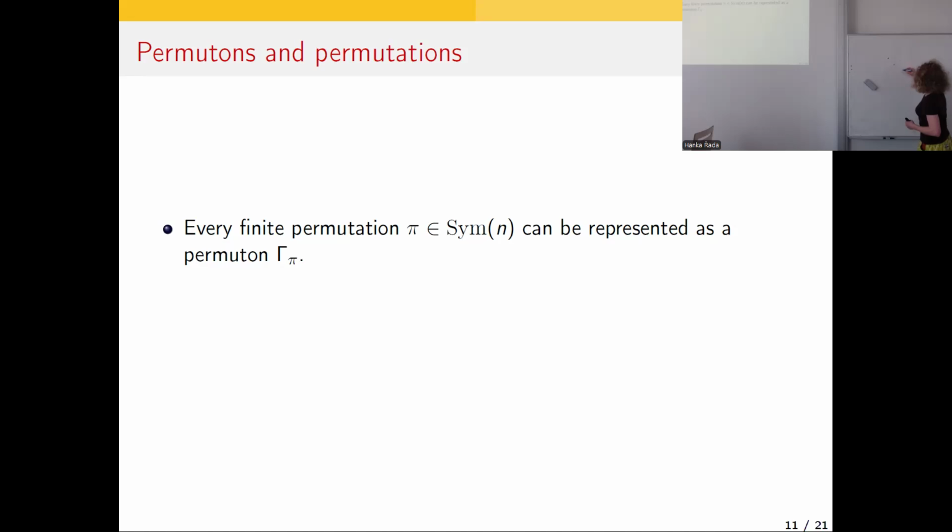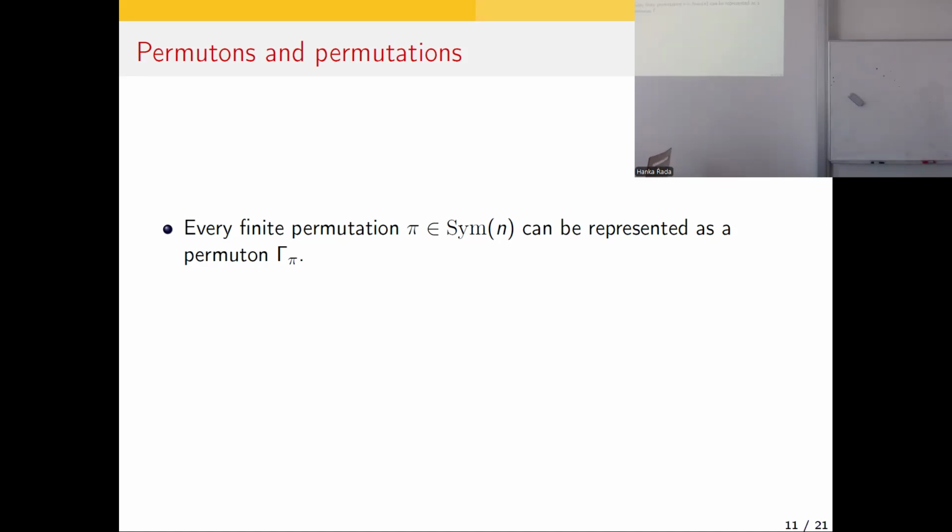For example, something like this. And now we divide the square into subsquares whose side length is exactly 1 over n, where n is the number of points in the permutation.